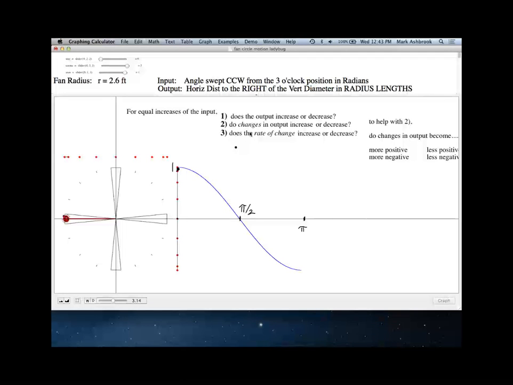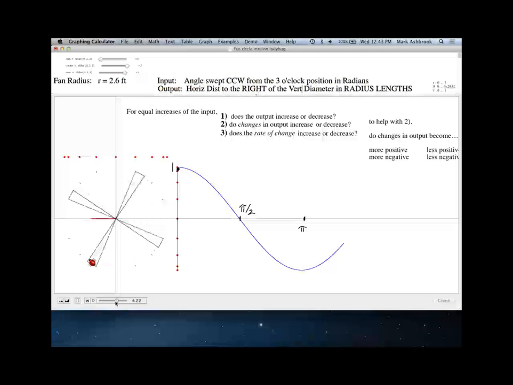Next quadrant. The horizontal distance goes from -1 to what in the next quadrant? So what will the horizontal distance do as we go from pi to 1.5 pi? Goes back to 0. Is that increasing or decreasing? Our horizontal distance is increasing back from -1 to 0.